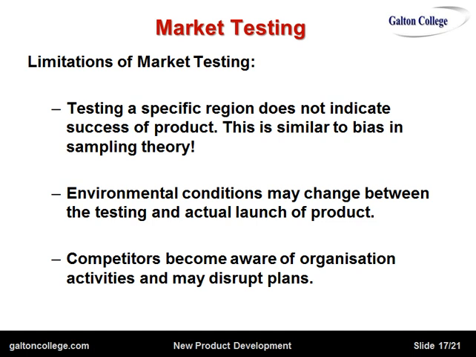But they will try to have their own marketing campaigns, or they will try to do something to gain an advantage and to try to disrupt the successful launch of the product.